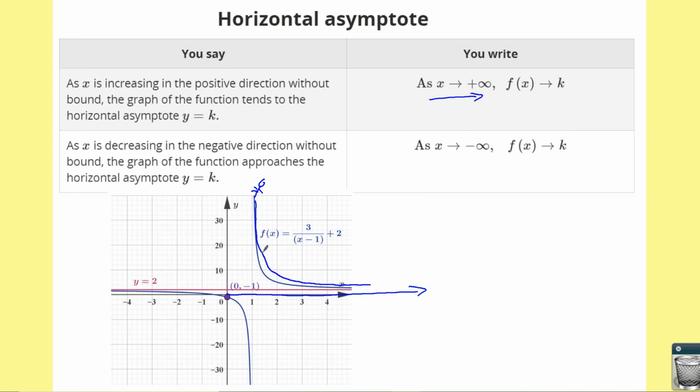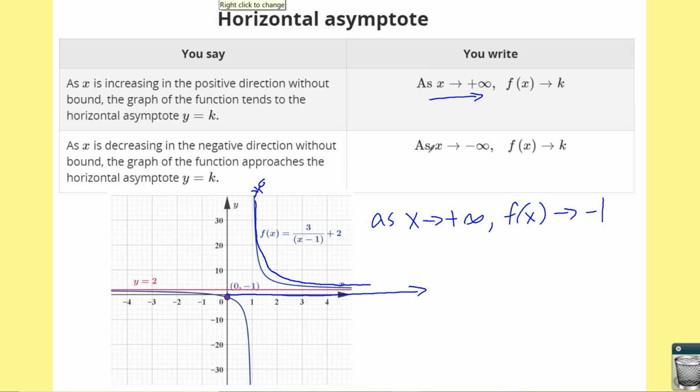So here, as x goes towards positive infinity, f of x, the y part, is approaching -1. Notice it's not equal because you can't equal infinity. You can't equal -1, but we're getting close to it.